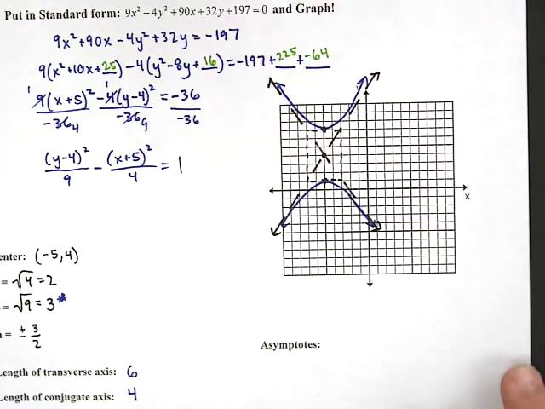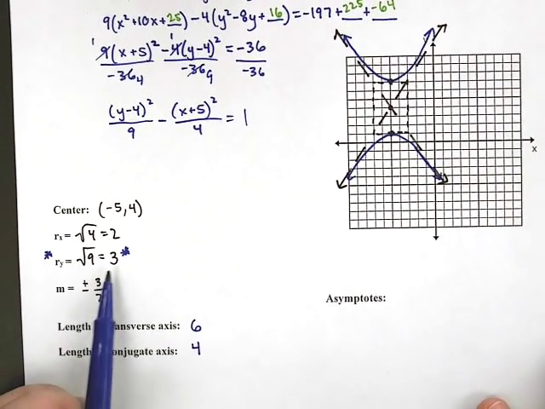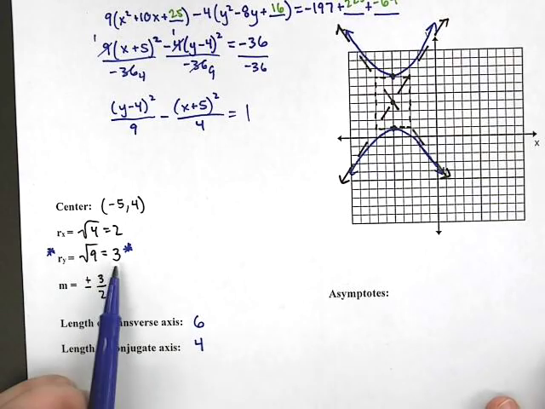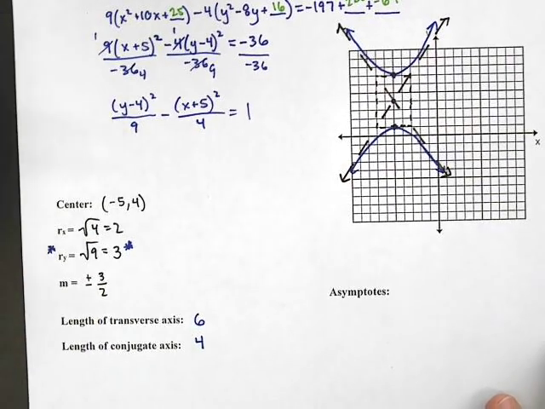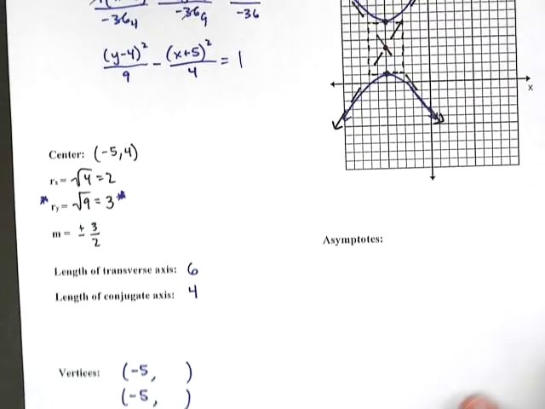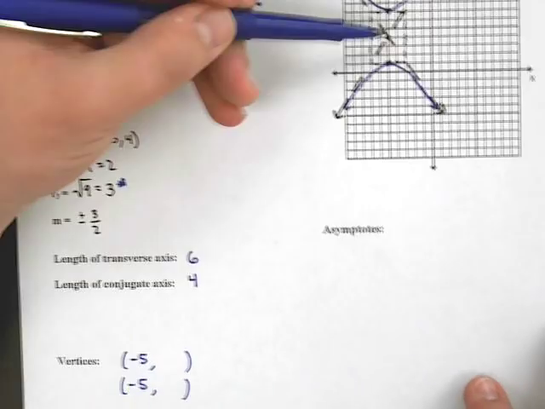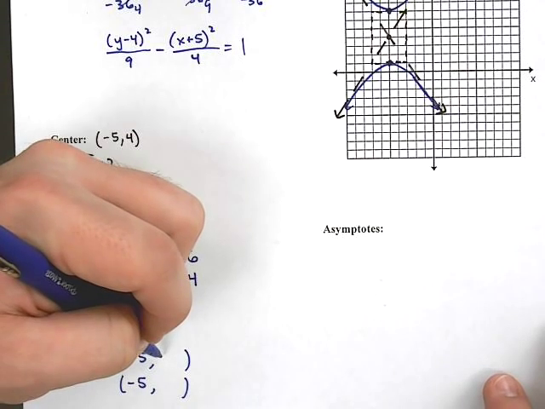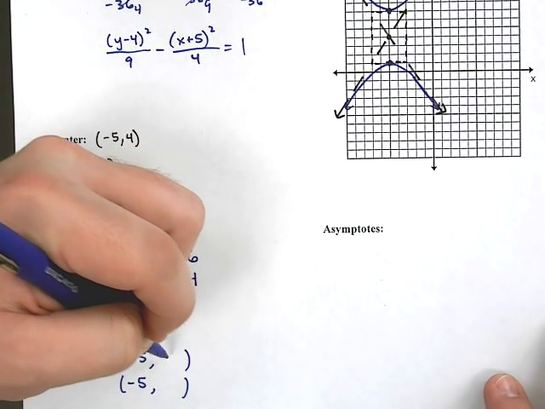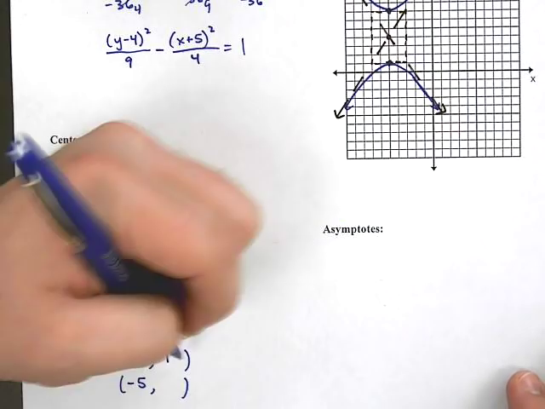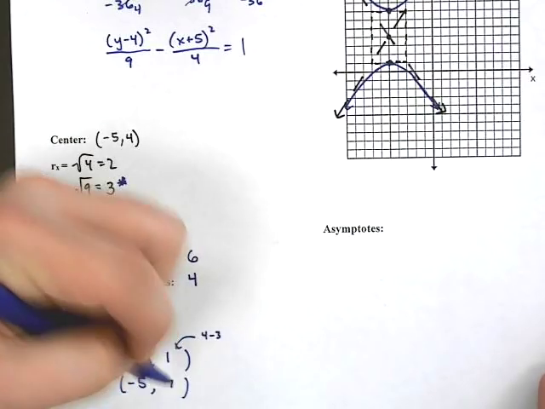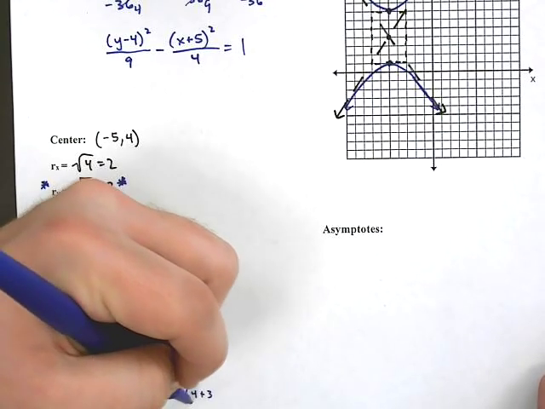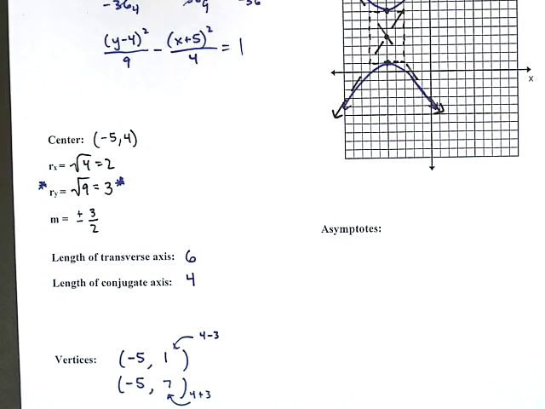But we need to use the fact that the transverse, or the r sub y, y radius was 3. That means we have to go 3 up from the center and 3 down from the center. So if we were at 4 and we go down 3, that would take us to 1. This is just 4 minus 3. And then we have 7, because 4 plus 3. Alright, and that is kind of how we think about that.